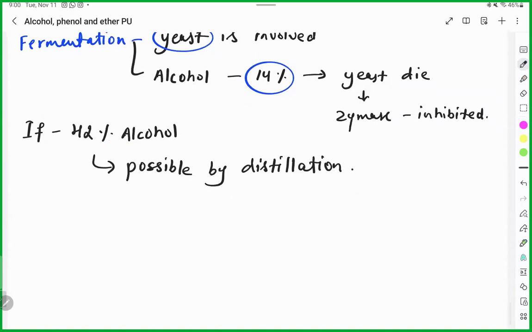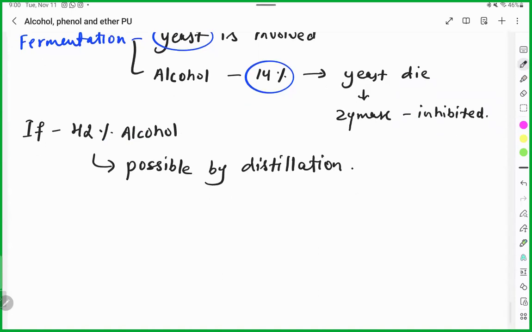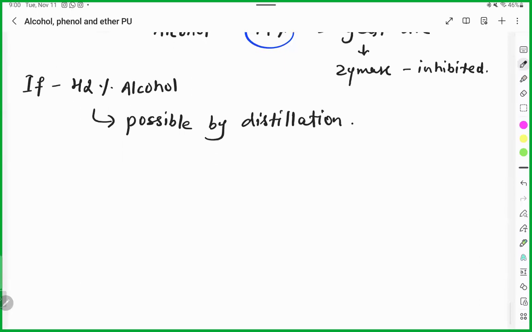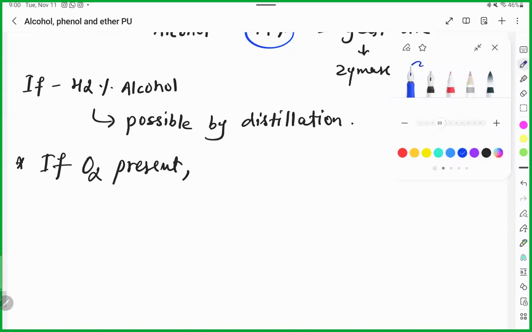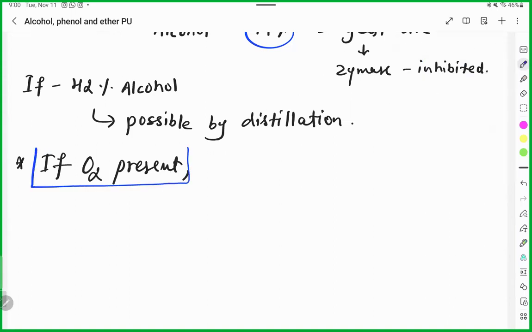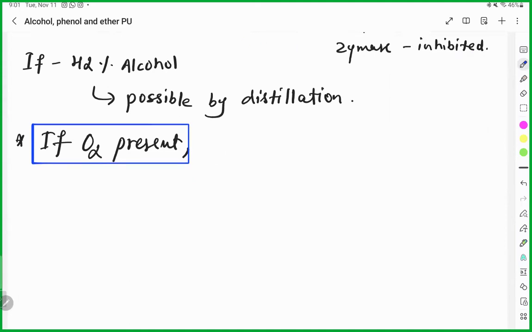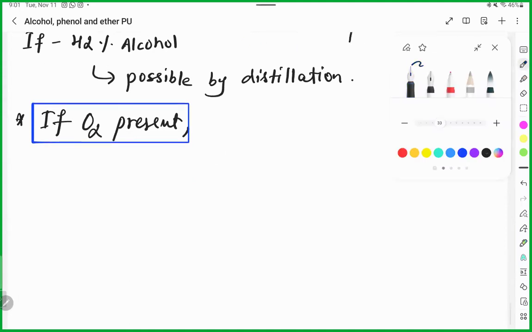We said that fermentation is happening in the absence of air. What happens if oxygen is present? We said fermentation means in the absence of oxygen, anaerobic. But what if oxygen is present? This happens when people try to make desi alcohol in villages.